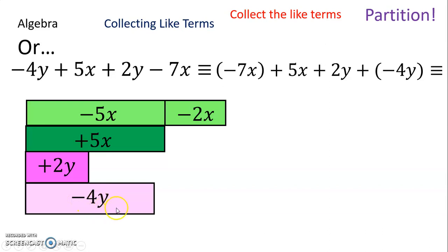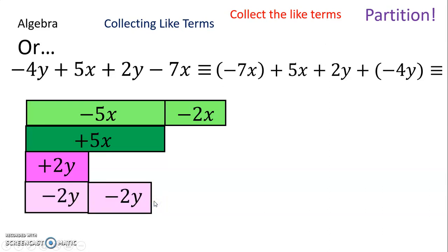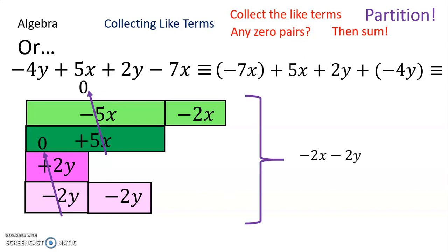And on the bottom, I'm going to partition this -4y into a -2y and another -2y. And now I can look for my zero pairs. Got one there and one there, and then I can sum what remains.